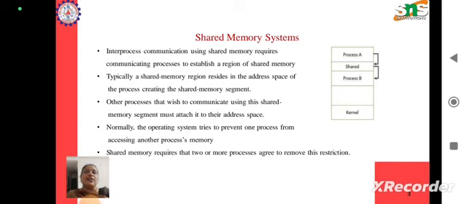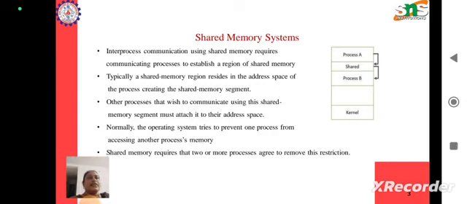And then typically a shared memory region resides in the address space of the process creating the shared memory segment. So we may think, where does the shared memory region actually reside, or where does it come from? The answer is that the shared memory region resides in the address space of the process creating the shared memory segment.